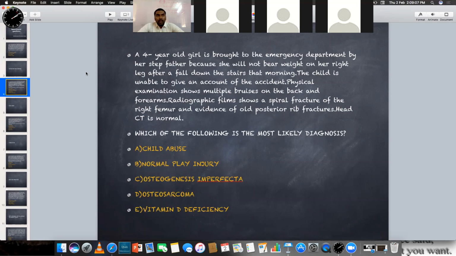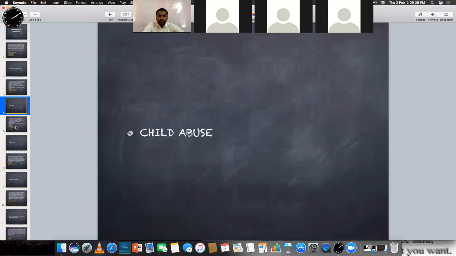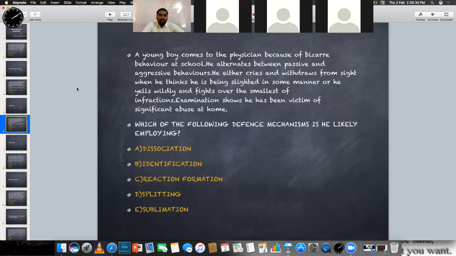It could have been vitamin D deficiency if the bruises account was not given. She has these bruises as well, and that probably suggests child abuse. So child abuse would be the first answer. Probably the second answer would have been vitamin D deficiency. Okay, next question.